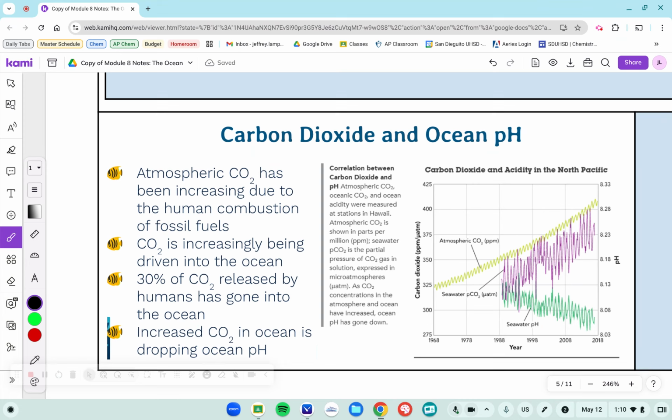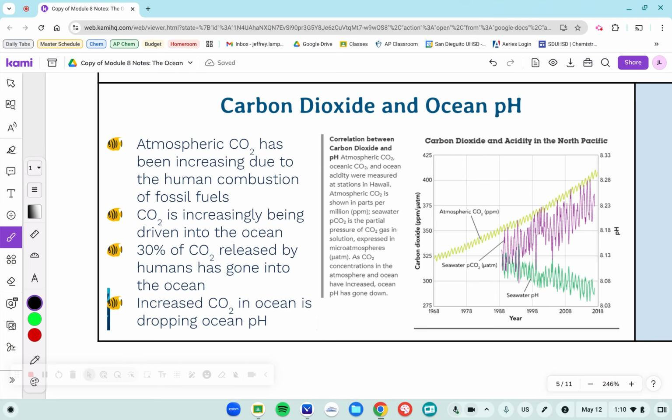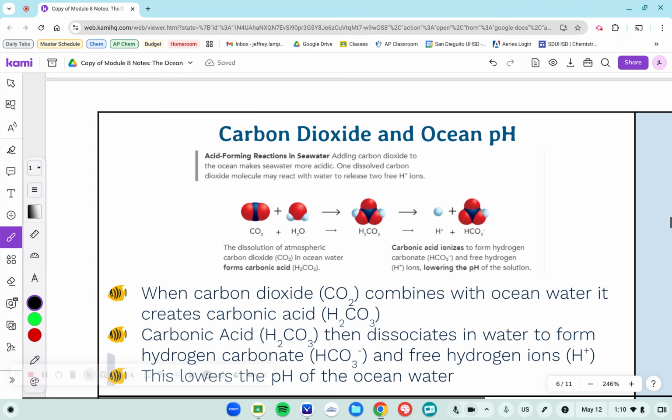When you increased the concentration of CO2 by reacting baking soda and vinegar, the concentration of CO2 went up in your container, which then caused the pH of your ocean to drop, right? It went from blue to yellow. So what we can show here is that because we've increased CO2 in the atmosphere, almost 30% of that carbon dioxide has gone into the ocean, and that has caused the pH of the ocean to drop. Now let's take a look at why.